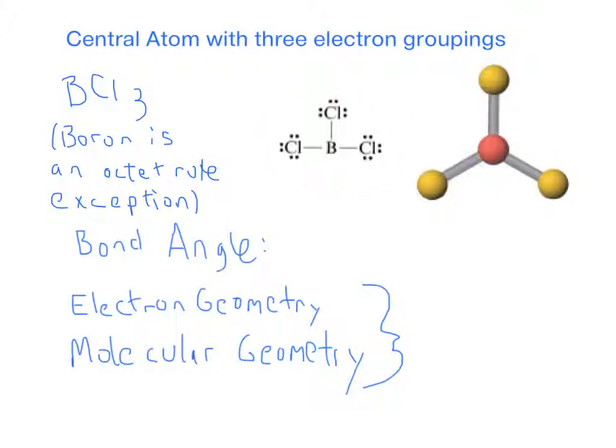Boron trichloride. And next to it, of course, is our ball and stick figure. And once again, you have to figure out the angle between these atoms, and being as there are 3 of them distributed evenly over 360 degrees, you take 360 divided by 3 and get 120 degrees. And the electron geometry on this one is known as trigonal planar.